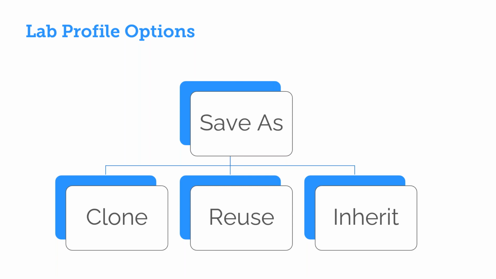Likewise, if you make changes to the save as version, the originating version is going to change. So reuse is using the exact same content, no matter what it is, between the 2 lab profiles.